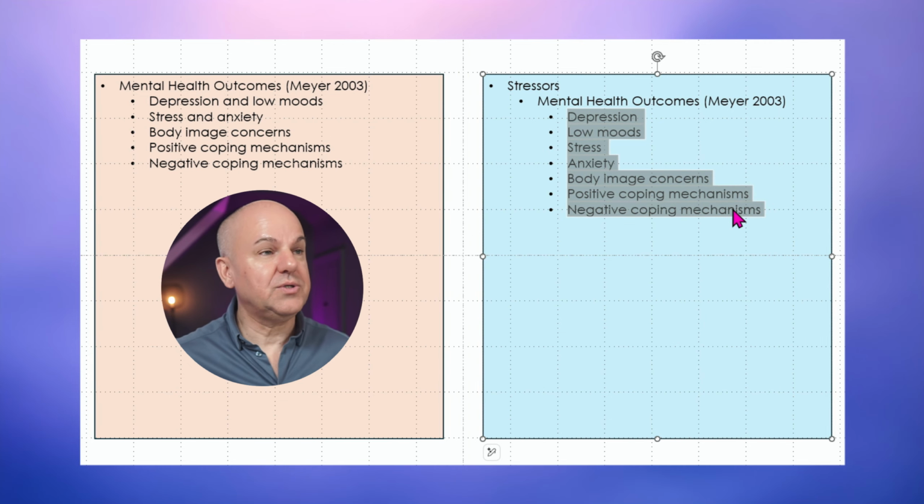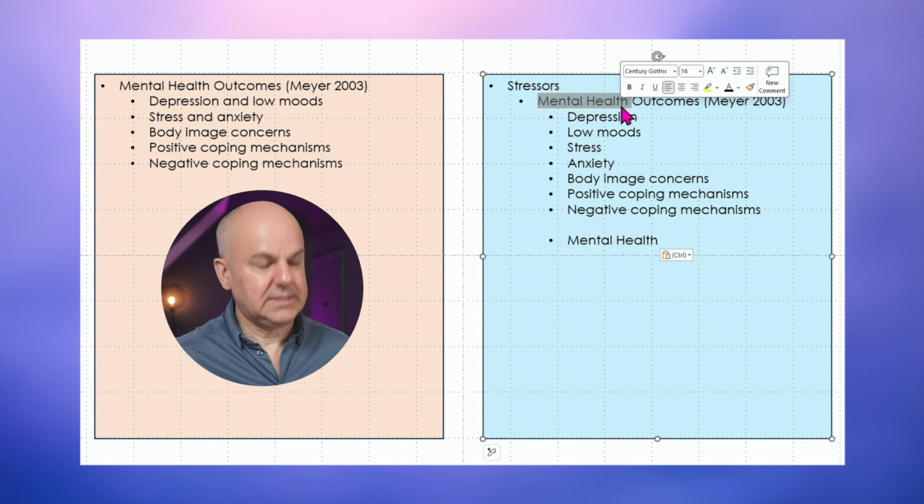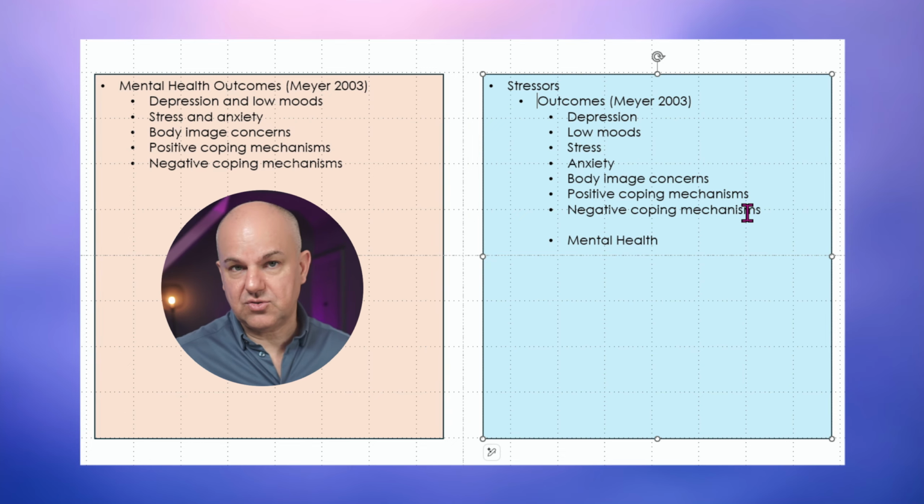We can also reevaluate the key subconcept, or in other words, what about stressors we are covering. In this case, the theme represented in the list is outcomes, not mental health. So what we are going to do is to correct our structure to reflect that. So let's go here, let's remove mental health for the time being. We're going to need it in a minute, and we have our revised structure.